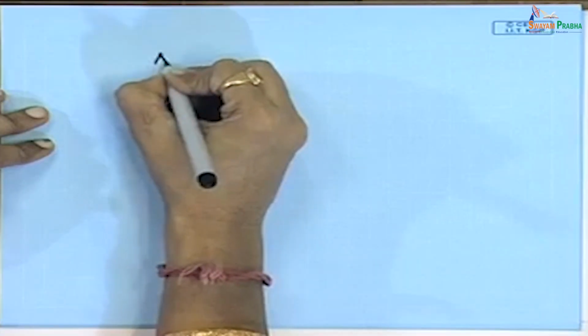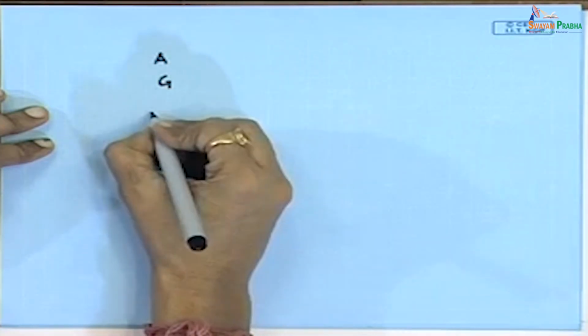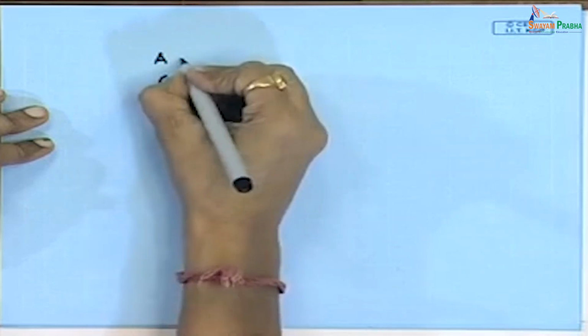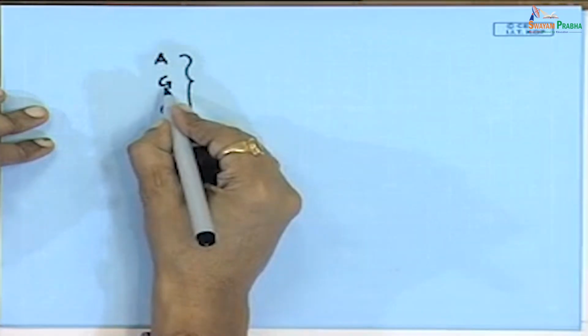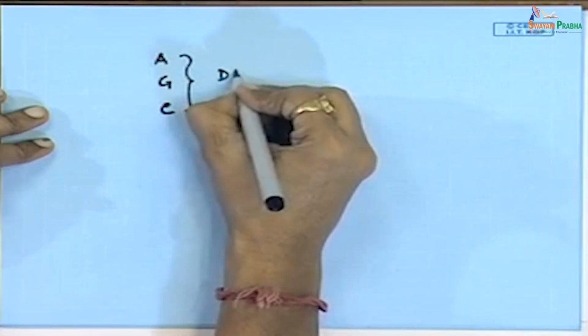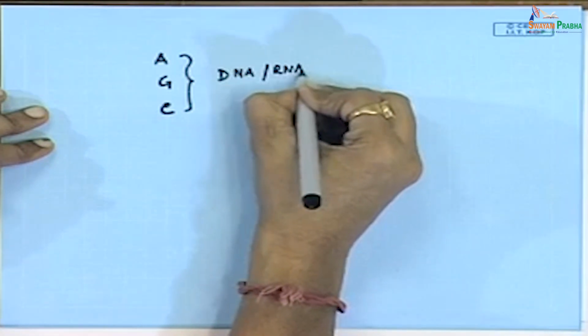In short, what we can conclude from these nitrogenous bases is that A, G and C are common, that means adenine, guanine and cytosine are common in both DNA as well as RNA molecules.